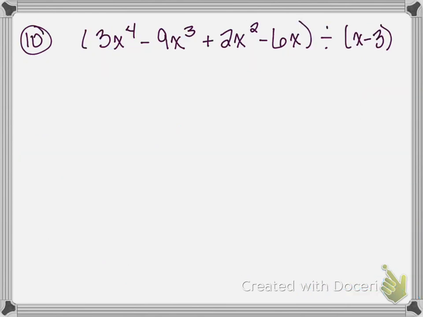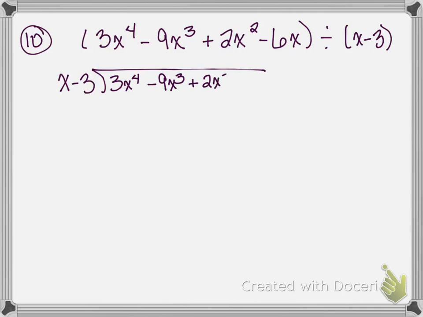Now I will do this using long division, and I will do this using synthetic division. Okay, so in long division, I'm going to take the x minus 3, and I am going to put it in the box. Then my 3x to the 4th minus 9x to the 3rd plus 2x squared minus 6x goes inside my division box.